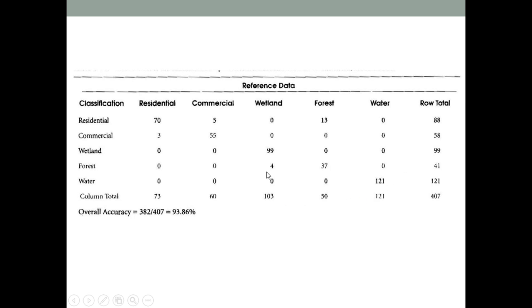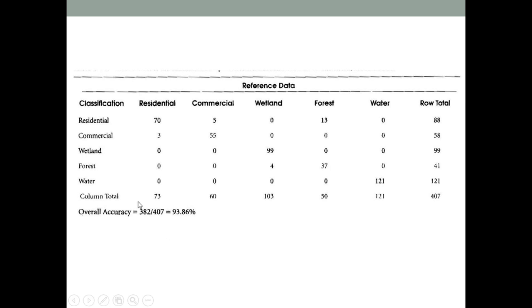So there are some differences. Let's say here, for the overall column, reference compared to the classification, there are 73 we identified. But from the classification to the reference, 88. So there are differences right here.